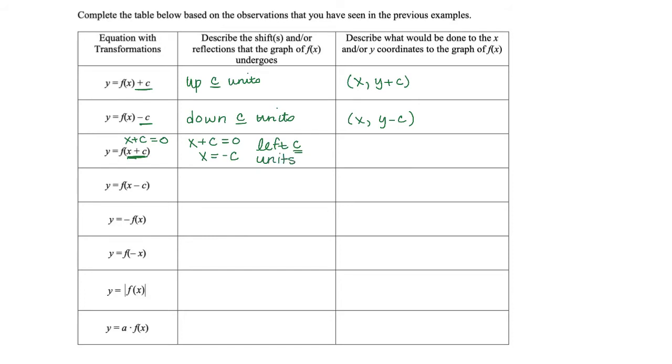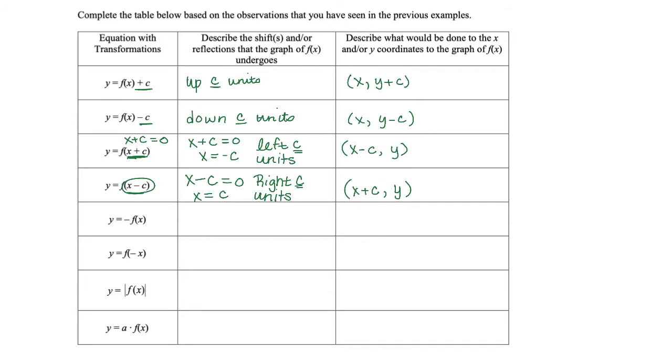And so for this one, you're going to see it written as x minus c comma y. In other words, you're moving the x coordinate. For this one, you're going to see x minus c equals 0. So x equals c. In other words, you're moving right c units. And so you're going to have x plus c comma y.